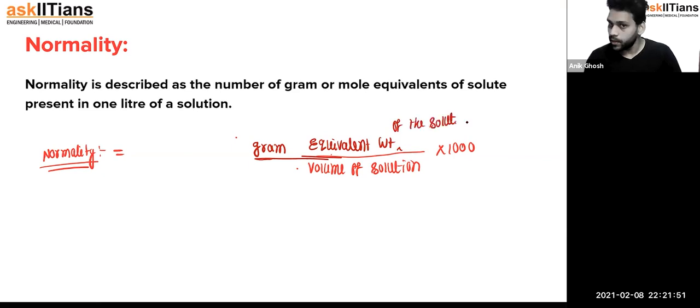So you need to find out the gram equivalent weight of the solute first, which is there in 1 liter of solution.